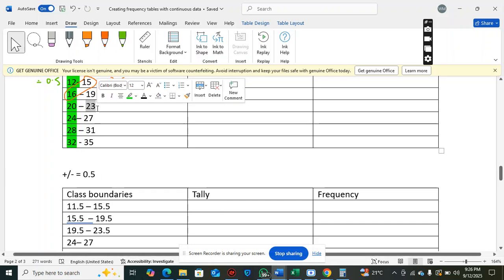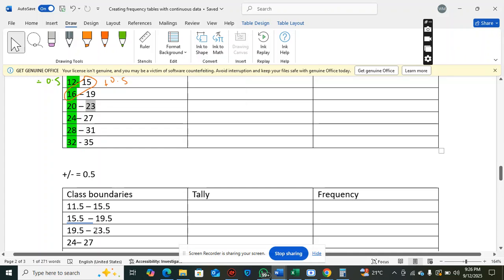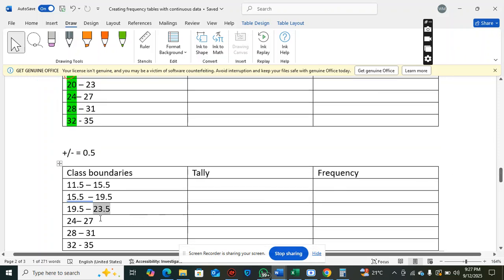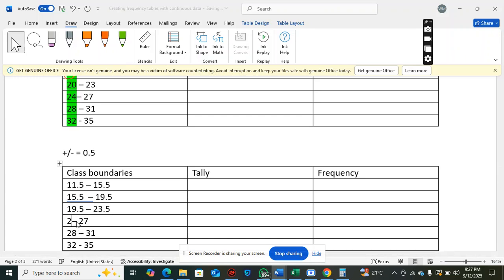23 plus 0.5, 23.5. We come to the next class, 24 minus 0.5, you get 23.5. 27 plus 0.5, 27.5.